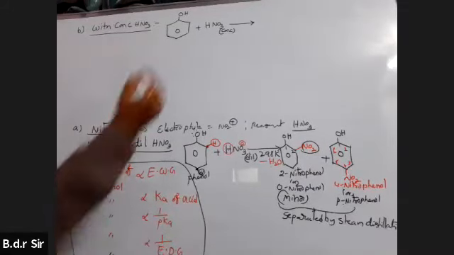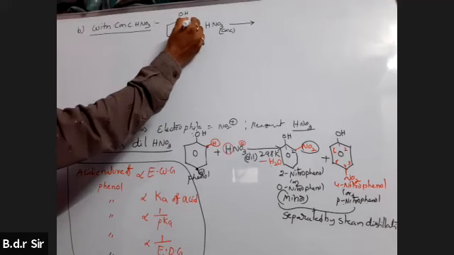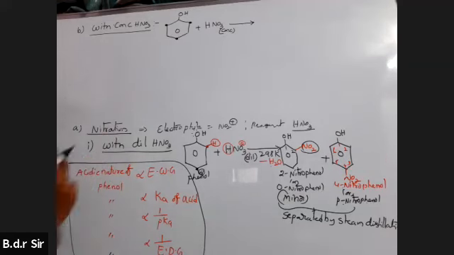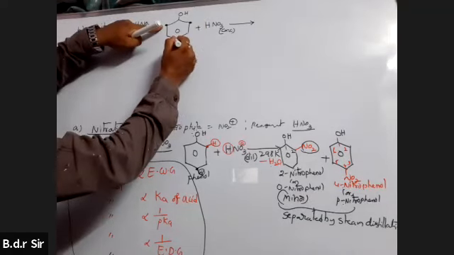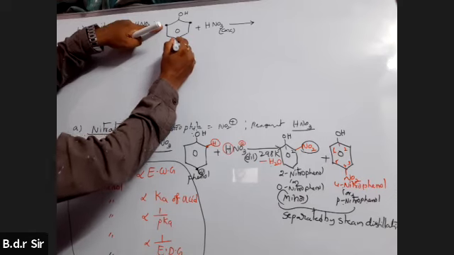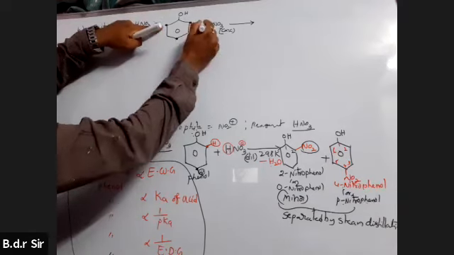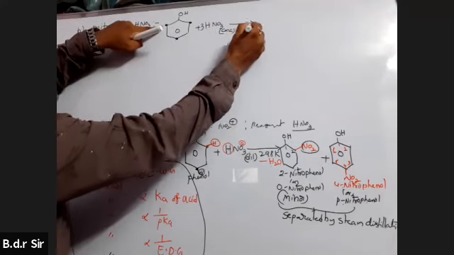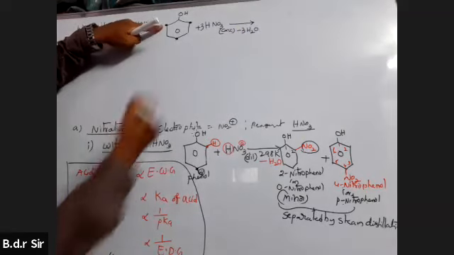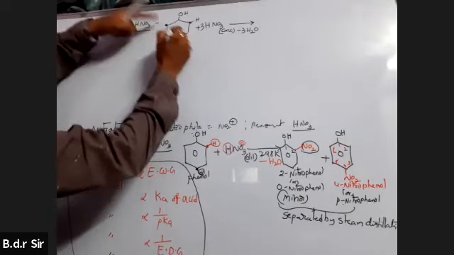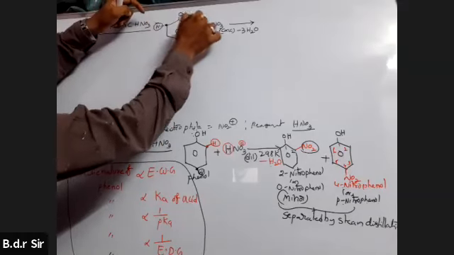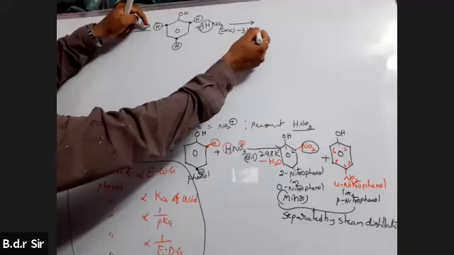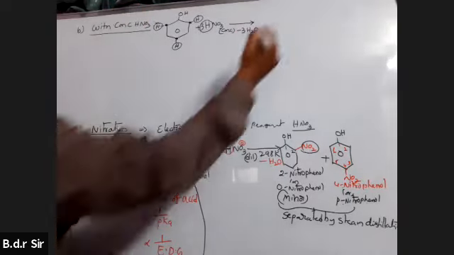Here the OH group increases the electron density at the ortho and para positions. At the ortho and para positions, three hydrogens and three oxygens from nitric acid are converted into 3 moles of water. Here hydrogen, here hydrogen, here hydrogen. These three hydrogens and three oxygens are converted into water. What is the remaining?